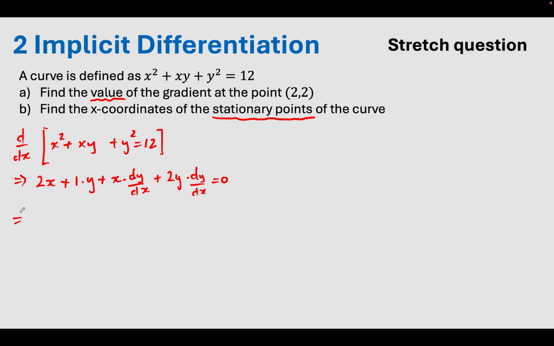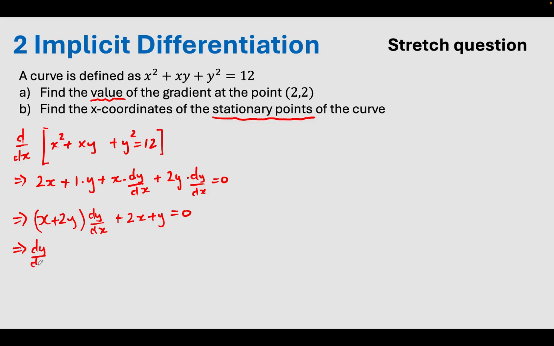Okay, now I'm going to tidy all this up. So I'll get x plus 2y brackets dy/dx plus 2x plus y equals 0.